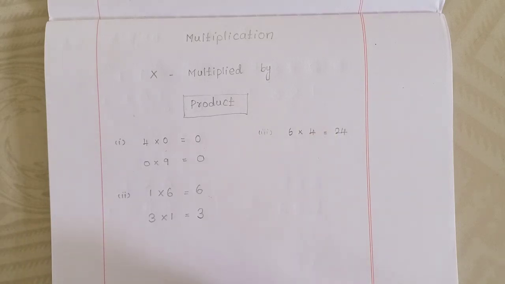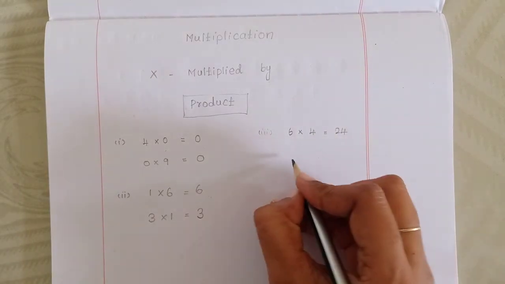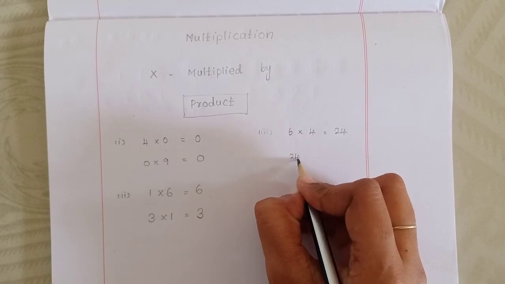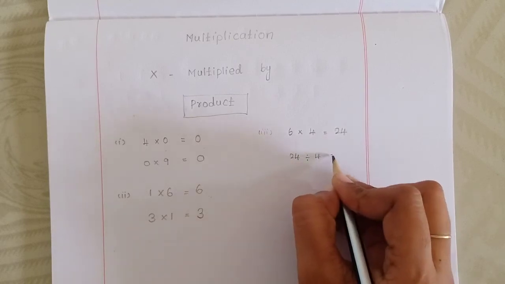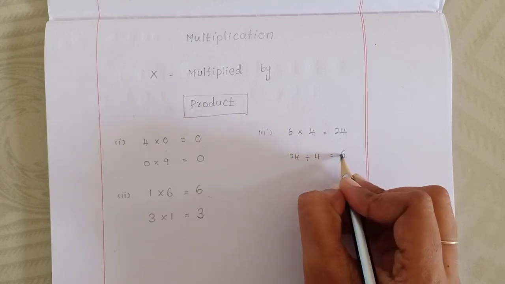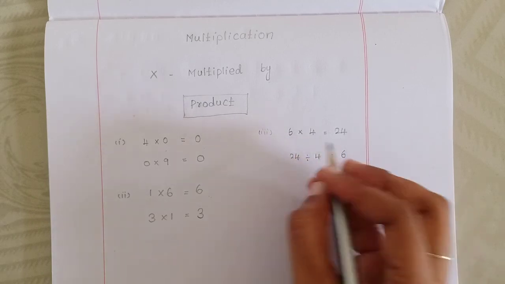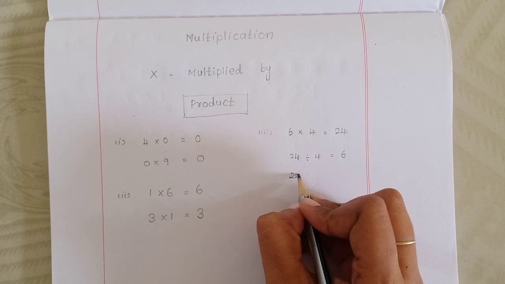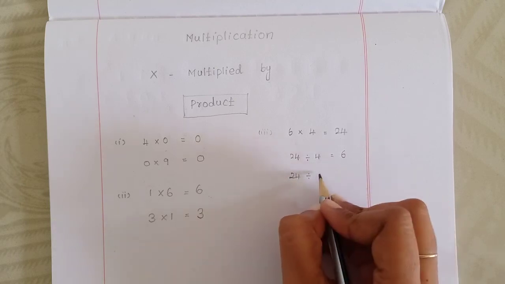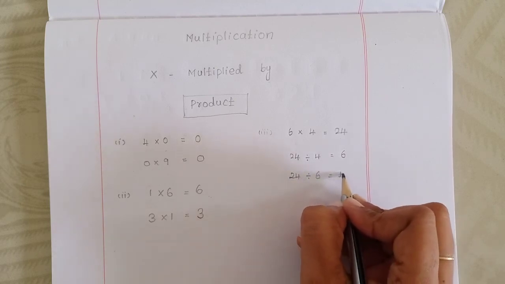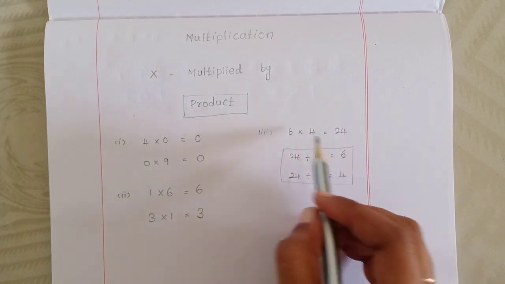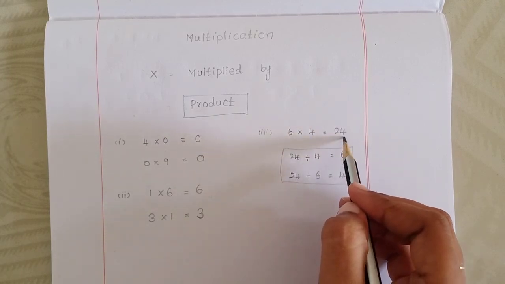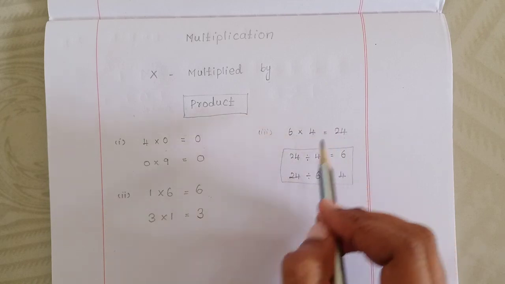Now we have to convert to division facts. Product divided by 4 is equal to 6. We are changing the multiplication facts. 24 divided by 6 means we will get 4. Every multiplication fact has 2 division facts.